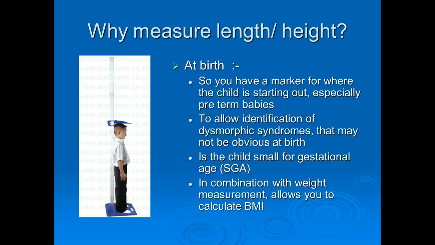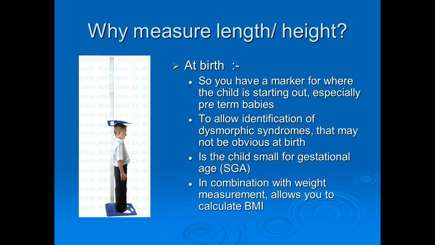So why do we measure length and height? Well, we do it at birth, so we've got a marker for where the child is starting out, and this is particularly important in preterm babies. Dysmorphic syndromes and deficits might not be identifiable at birth. So if we've got accurate measurements and the child then begins to develop features, we can look back at those measurements and see if they're continuing to fail to grow or grow excessively.